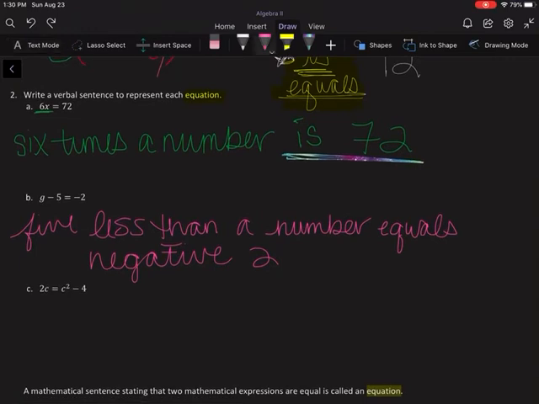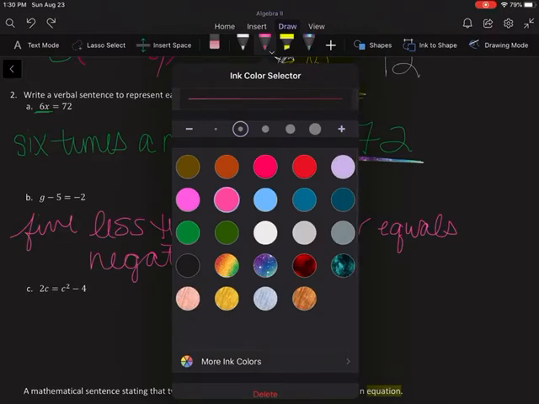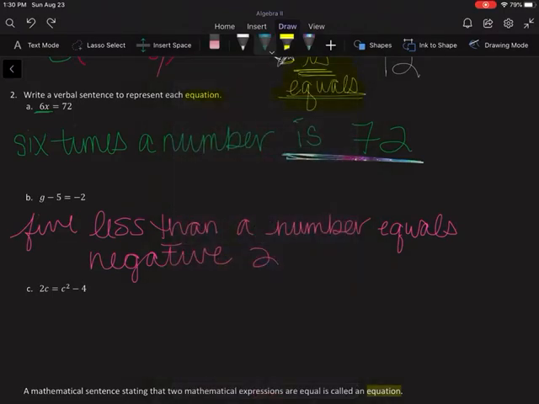Ooh, we got something a little bit more complicated. So let's start off with the 2C.